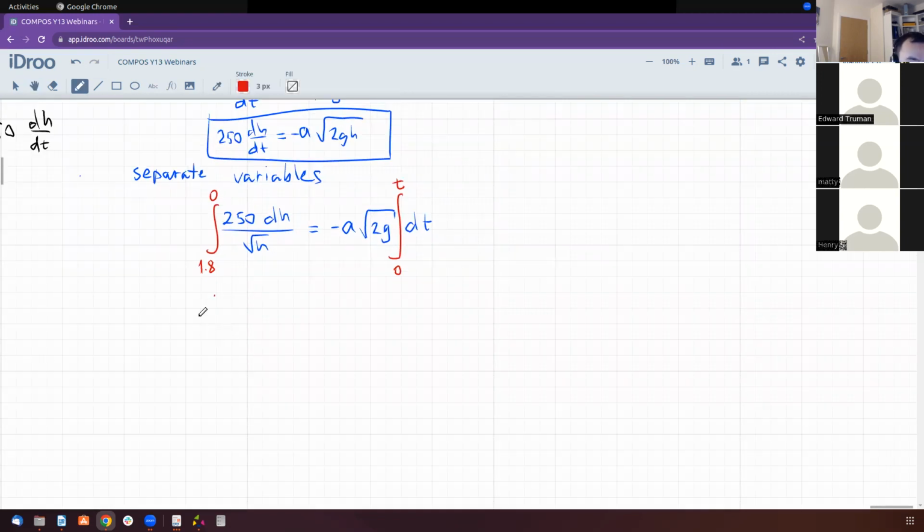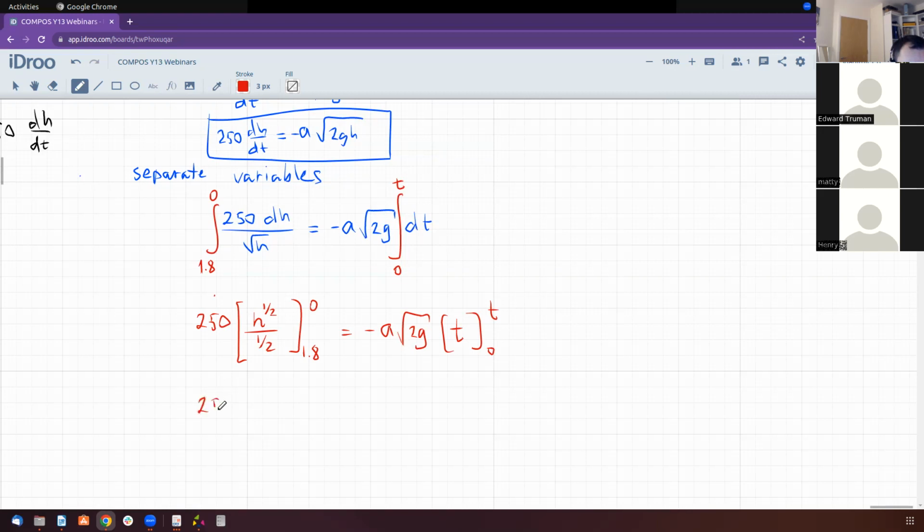So this is going to be 250. This is h to the power minus a half. So h to the power a half divided by a half between limits 1.8 and 0 equals minus A square root of 2g. These are constants. And then t between limits 0 and t.